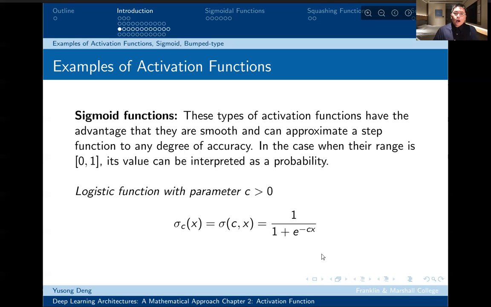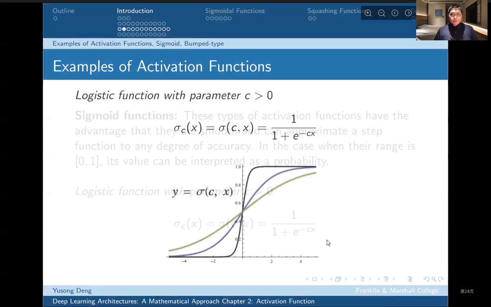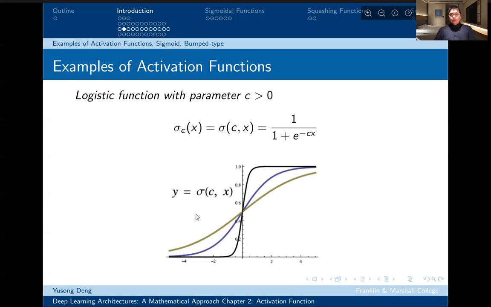Okay, so first of all, the logistic function with parameter c greater than 0 is defined by this one. It is just sigma(cx) equals 1 over 1 plus e to the negative cx, and its image is here, as you can see. We apply some different c here, and you get different values.